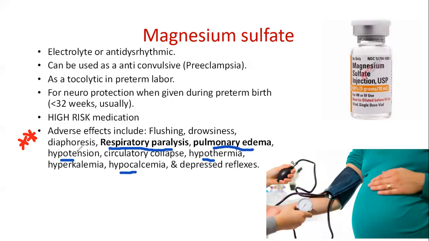So blood pressure drops, temperature drops, calcium level drops, but hyperkalemia: potassium level goes up, but calcium level goes down. These are the most frequently asked questions from here in the NCLEX board. And also the one about depressed reflexes.